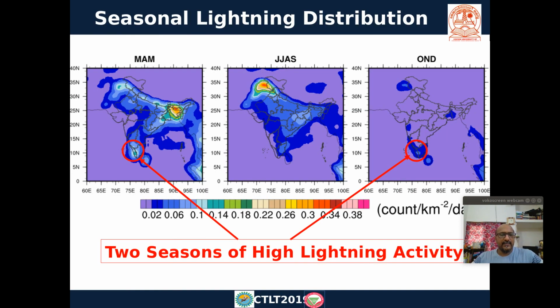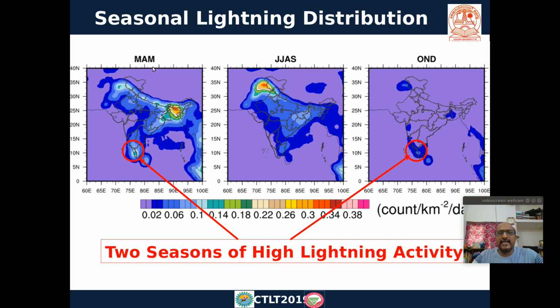So this is the seasonal distribution of lightning over the Indian region. If you look at the Indian region, especially over Kerala, there are two prominent seasons of lightning. One is the pre-monsoon season, in March, April, May, when we normally get lightning.